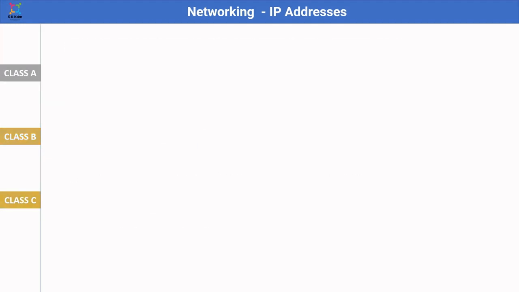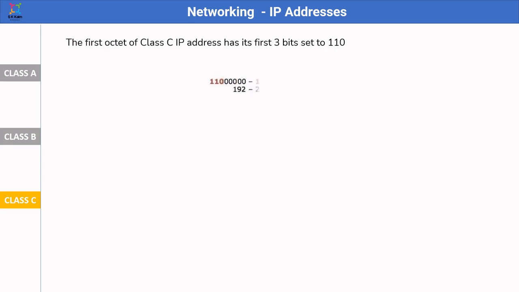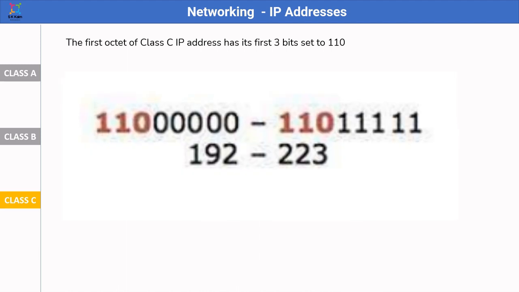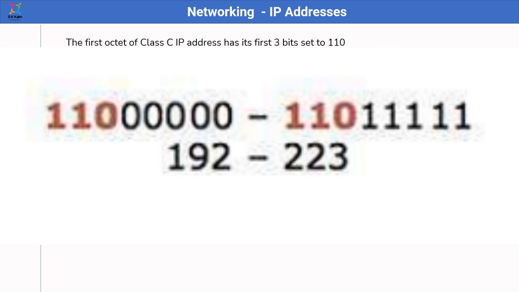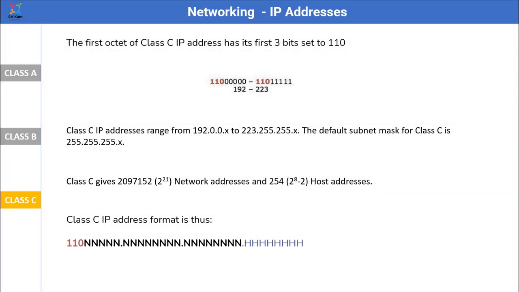In case of class C IP addresses, the first 3 bits are always set to 110, and in binary format, the first octet of the class C IP address will look like this. The IP addresses from the 192 to 223 range belong to class C. Thus, class C will range from 192.0.0.x to 223.255.255.x, and the default subnet mask for class C is 255.255.255.x.